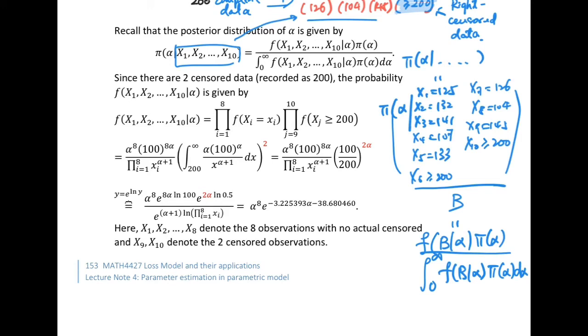So actually what you need to do is just obtain this probability. Now how do we get this?